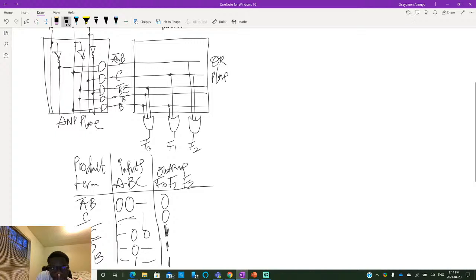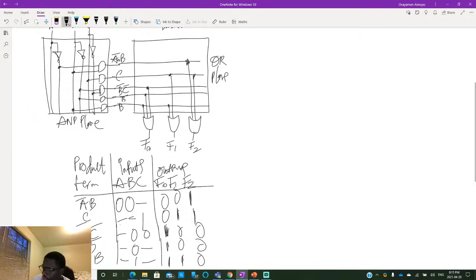Okay. And then for F1, we have C, so 1, and then B, 1, and then the rest are just zeros. And then F2, A bar B, and then C, and then the rest are zeros.